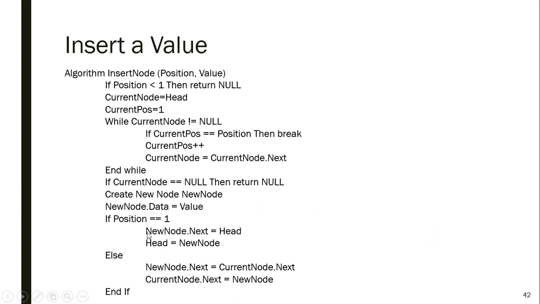So if position is equal to 1, it means either the list is empty and you are going to put it in position number 1, or the list is not empty but you want to put it at position number 1, meaning you want to make it the head. So what will you do? You can do it by just these two statements. Otherwise, if you are going to insert in the middle of the list or at the end of the list, these two statements will be sufficient.